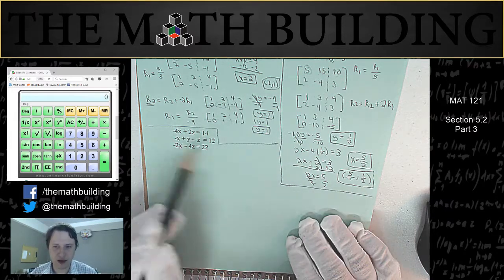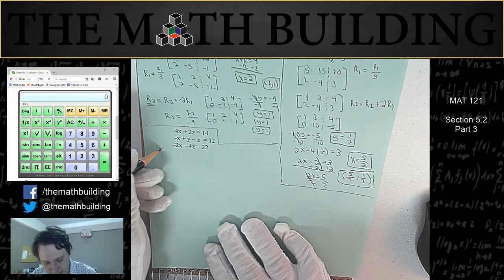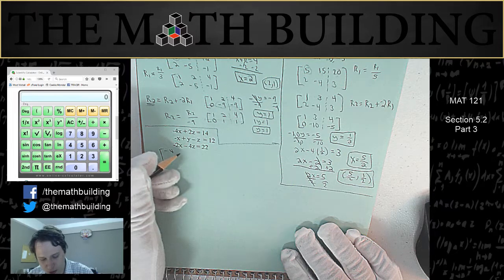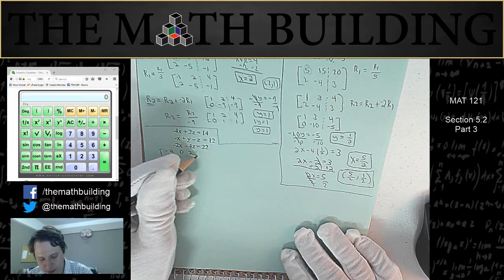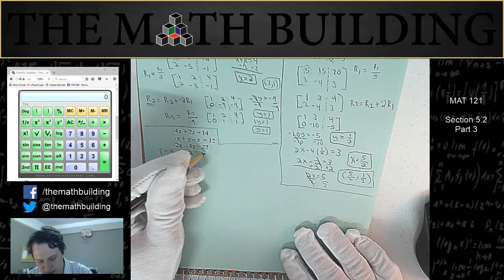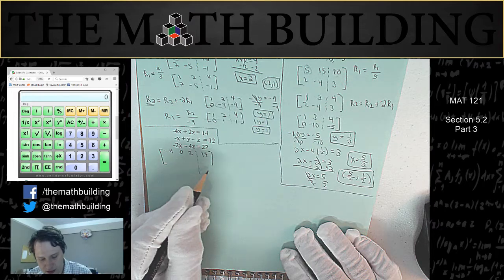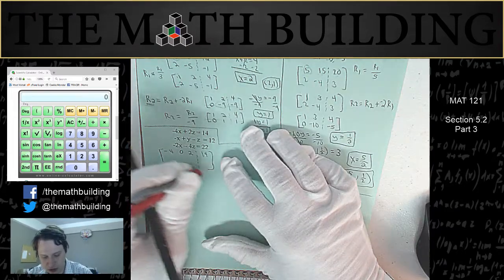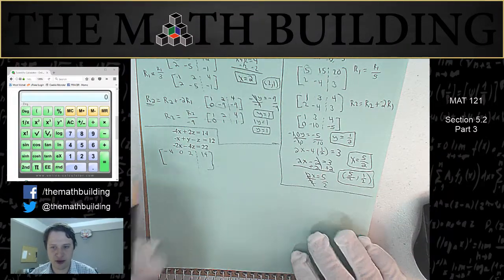So we want to find the solution to this system of 3 equations, and step 1 is to write it as an augmented matrix. So line 1 would be -4, 0 for y, 2 for z, and 14 as our answer. It's a very common mistake to leave out a number, so make sure you're consistent.